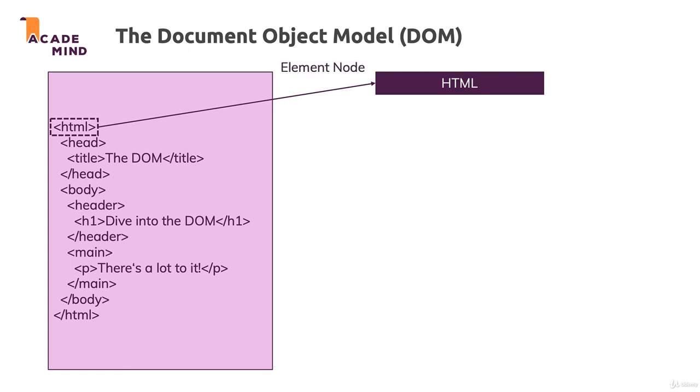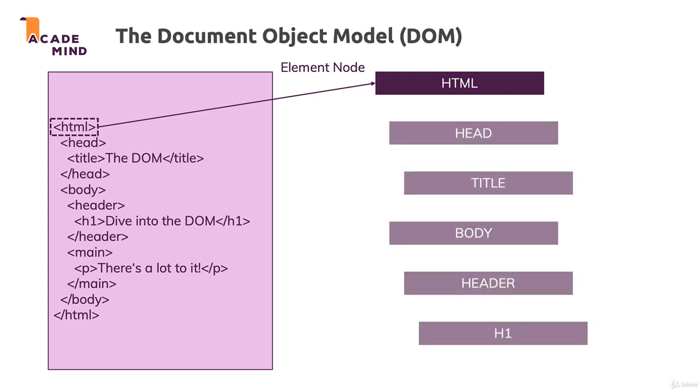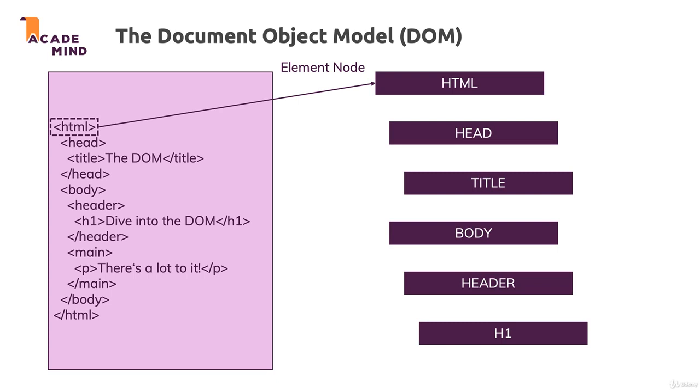And this is an element node, to be precise, because these objects are simply called nodes, which represent an HTML element, an HTML tag, and therefore it's called an element node. And such element nodes are created for all the HTML elements you see on the left. Now on the right side, the main and paragraph node is missing because the slide isn't big enough for that, but you get the idea.